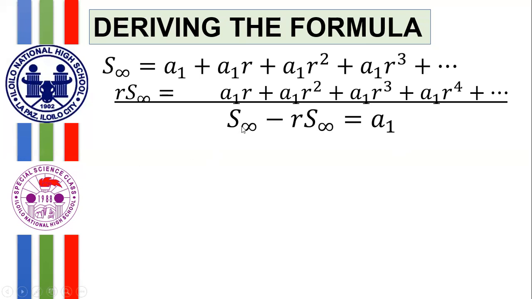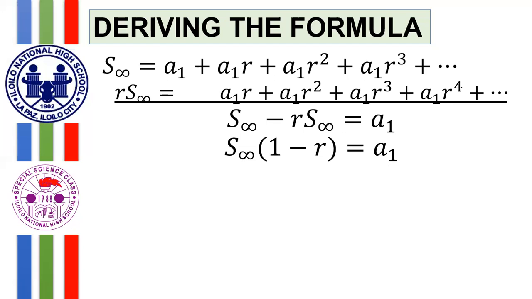We could see on the left-hand side that S sub infinity is a common factor. Factoring out S sub infinity, S sub infinity divided by S sub infinity is 1, minus r S sub infinity divided by S sub infinity is r. That's why the left-hand side is equal to S sub infinity times the quantity 1 minus r equals a sub 1.